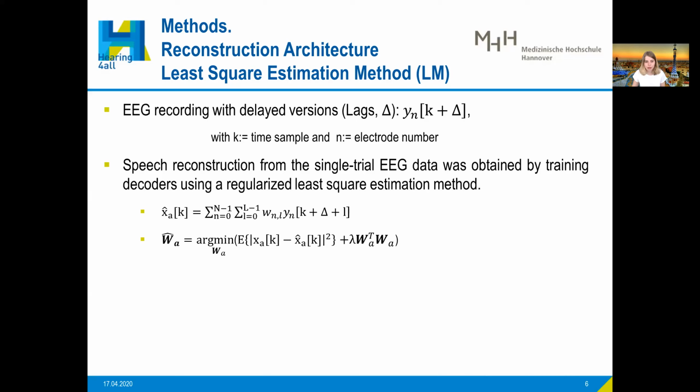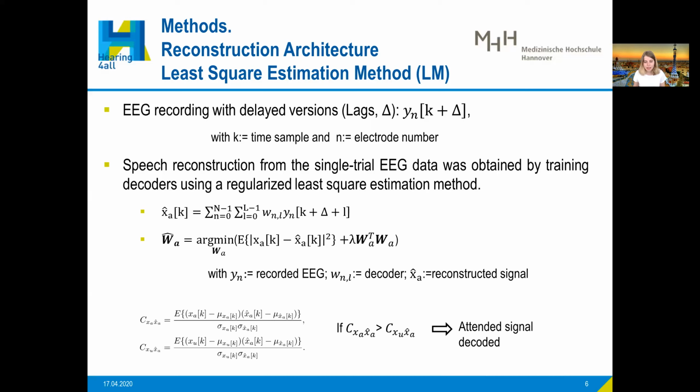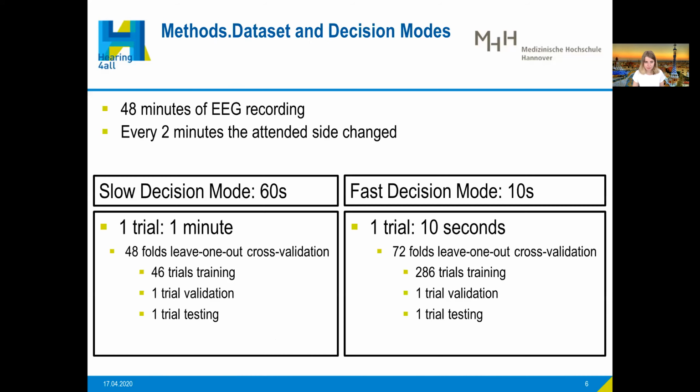We also apply a regularizer to avoid overfitting. At the end, we compute the correlation coefficient between the original attended signal and the reconstructed signal, and also between the original unattended signal and the reconstructed signal. If the correlation coefficient of the attended signal is higher than that of the unattended signal, then it is classified as a correctly decoded attended signal.